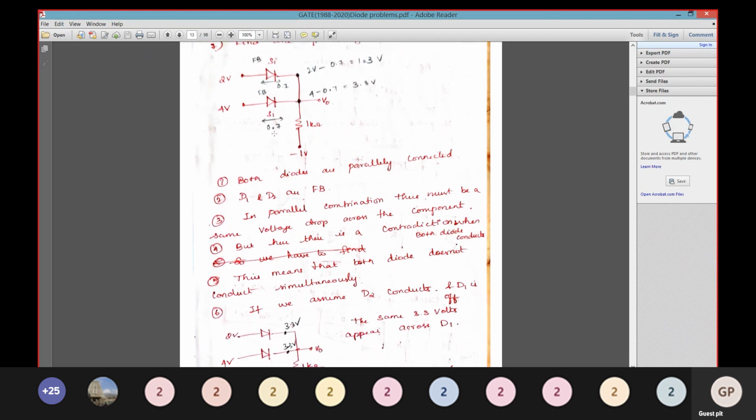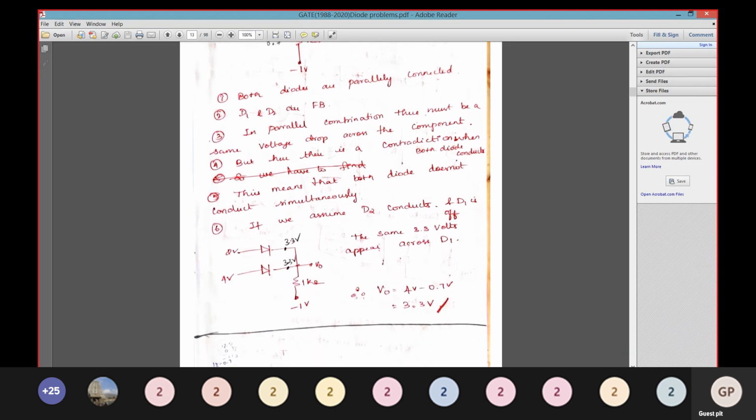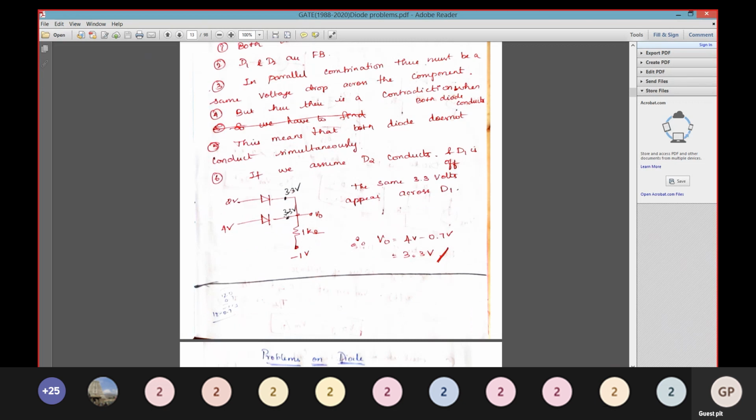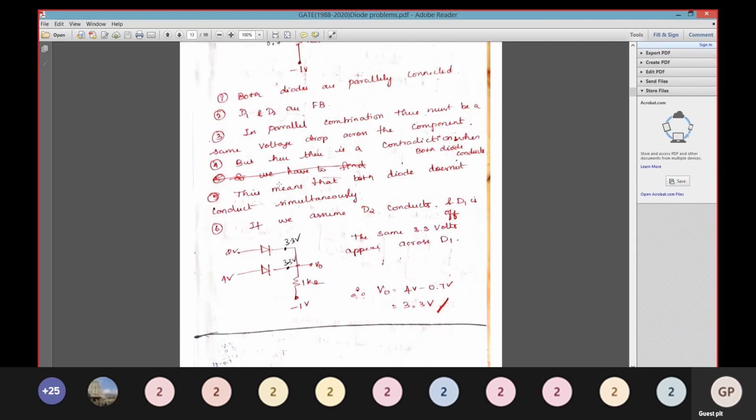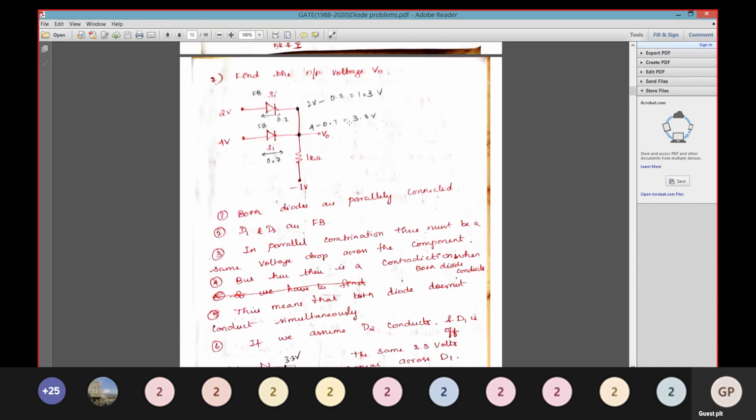Let us assume the diode D2 conducts and D1 is off. If D2 conducts, the value is 3.3, as I solved it over here. The same 3.3 is present over here also, because we have considered that this diode is off and this diode is on.